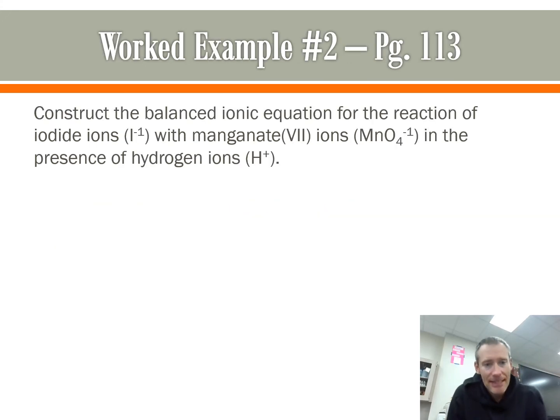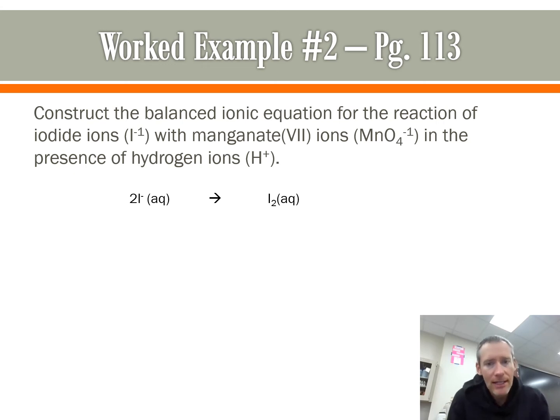So here is a very typical example. You'll see this one many times, the use of manganese oxide. It's a typical, very common oxidizing agent, with a very bright purple color.